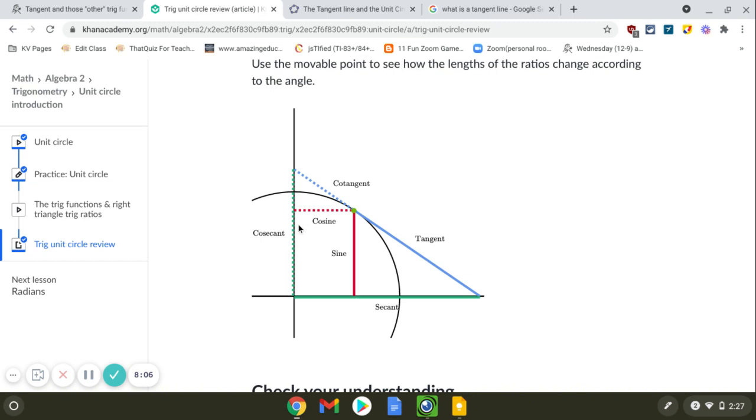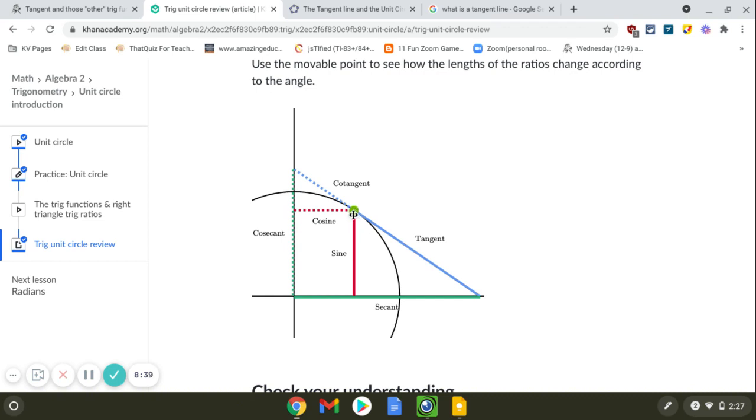Well, the way that they're defining cosecant here, based on our unit circle, it's the y value, right? It's the y value where your tangent line would intersect with the y-axis. Geez, it's hard to say. All right, so sine and cosecant are going to be related to each other. It's the y value at your point on the unit circle, and up here it's the y value where the tangent line intersects.